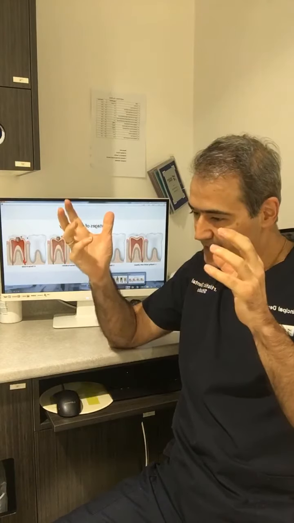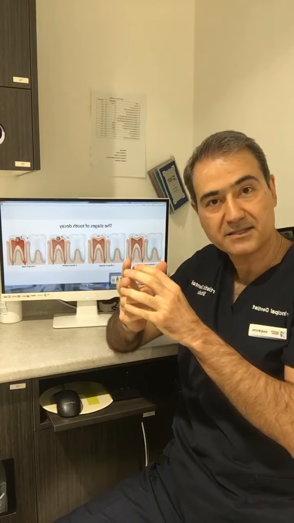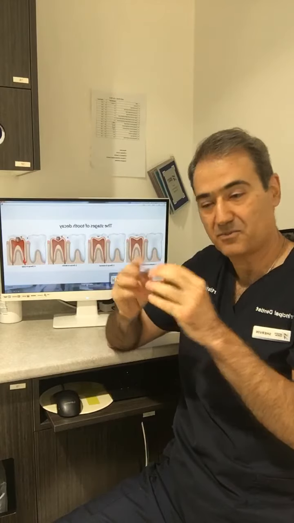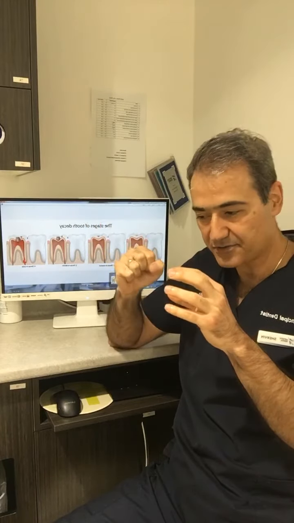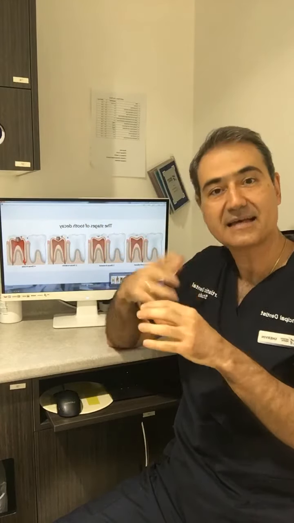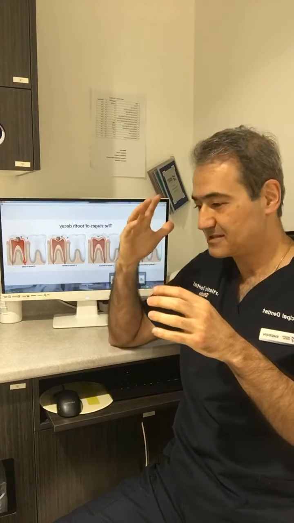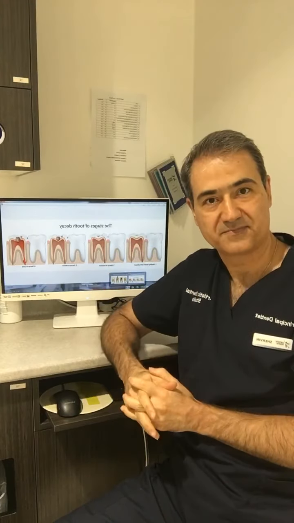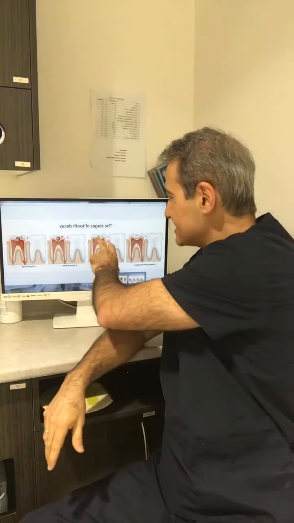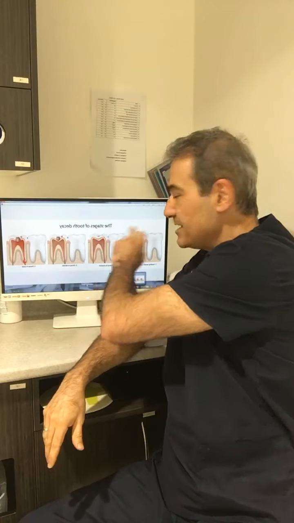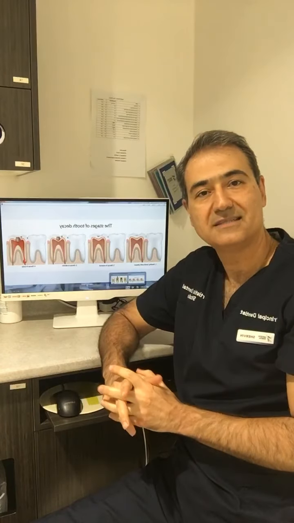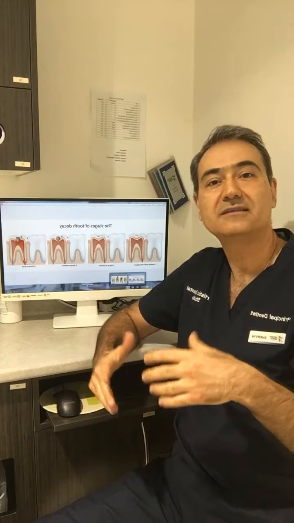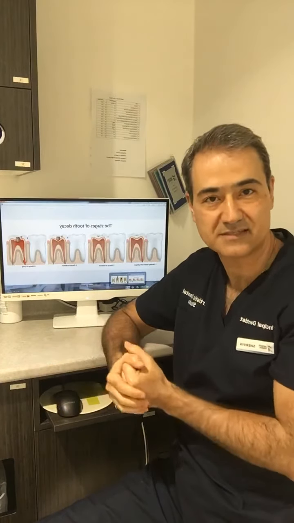These two, when combined, produce some acid. So bacteria get the carbohydrates, produce some acid, and the acid begins to dissolve the tooth. This causes these very tiny areas of decalcification or decay on the tooth surface.